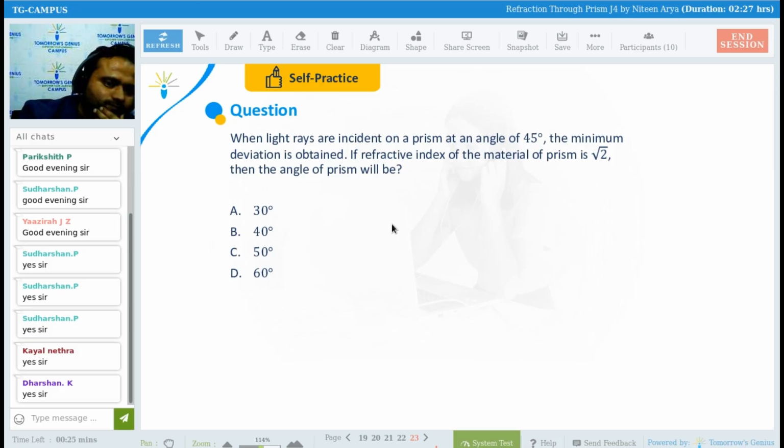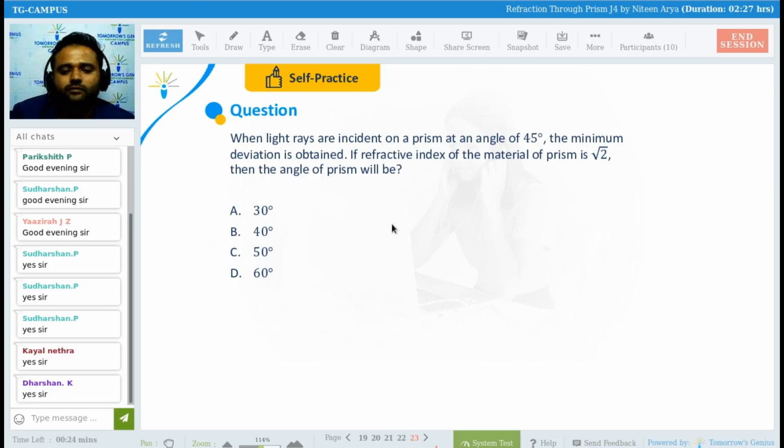Okay, let me check then. Mu equals sin of (A plus delta m) by 2 divided by sin A by 2. Sorry, A is 60, not 30. Easy, this one.